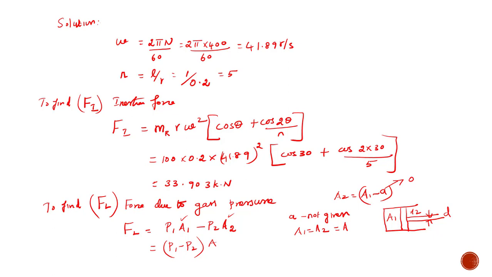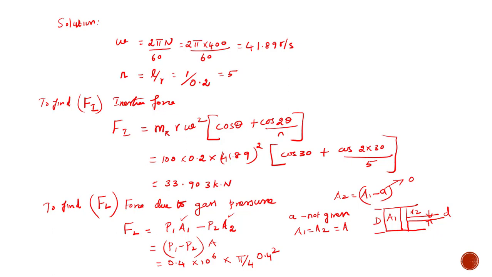So P1 minus P2 is 0.4 into 10 to the power 6, and this value A can be found by applying the relation pi by 4 d square. This is the bore diameter, and that value is 0.4.